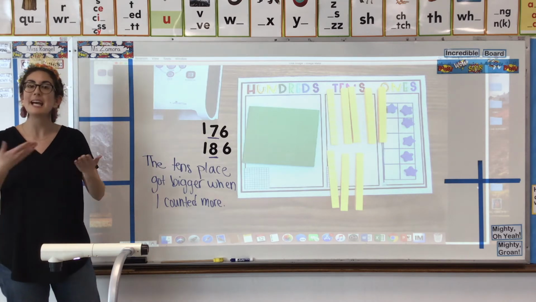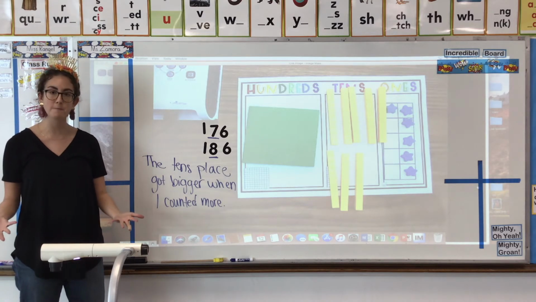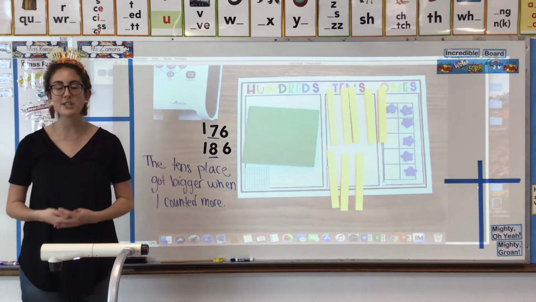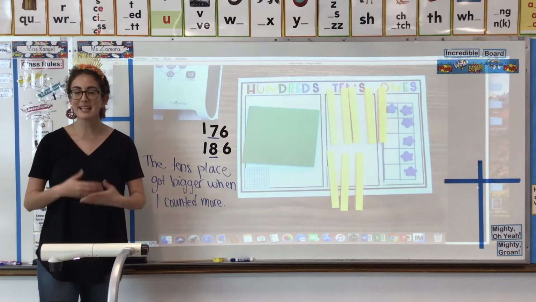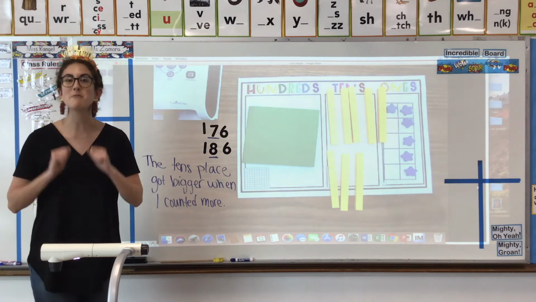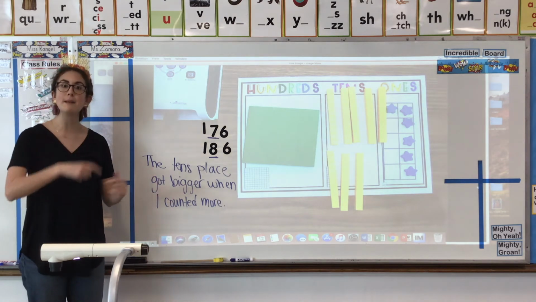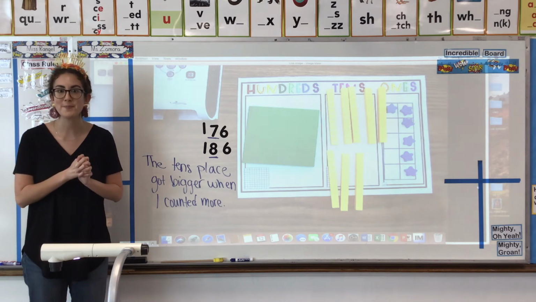When we counted 10 more, the tens place was getting bigger. So we have all this awesome math language that we can use to talk about numbers. Noticing how numbers are different and exactly how and why they are different is so important. So we're going to really be practicing to talk about these differences today.